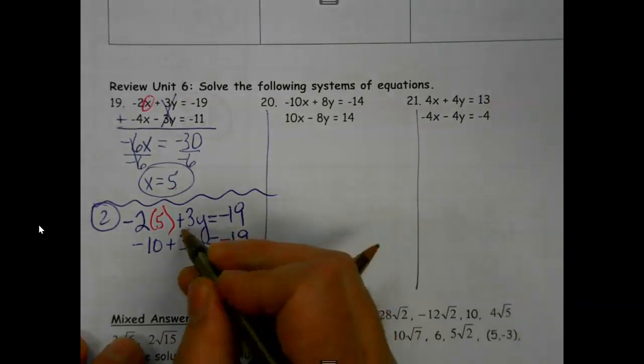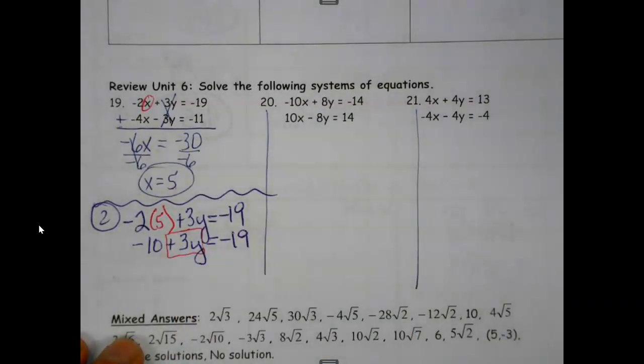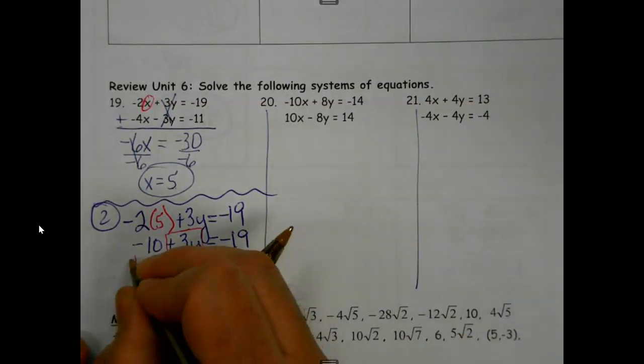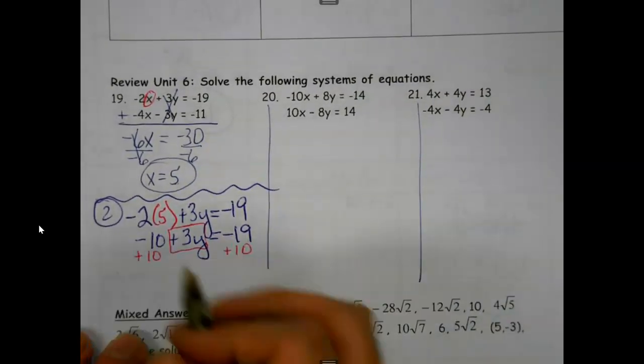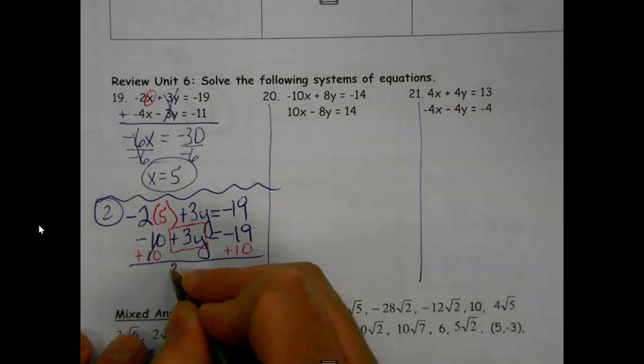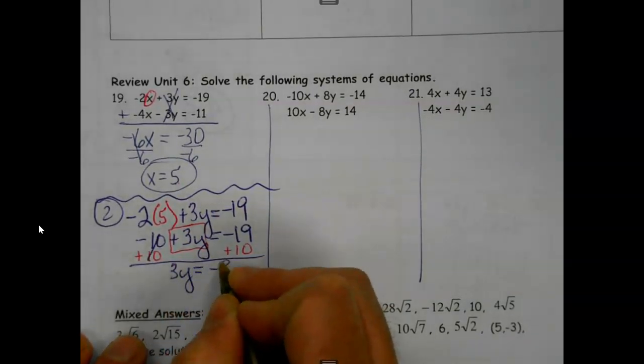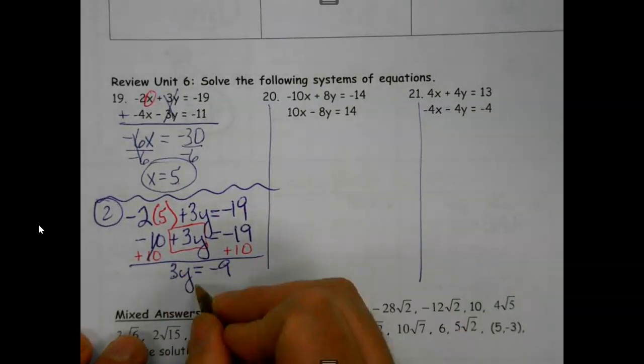Because now we're just doing a regular old 2-step equation. And divide by 3.